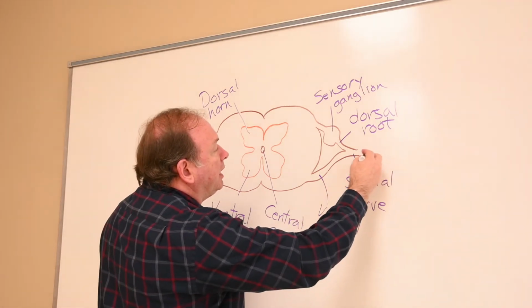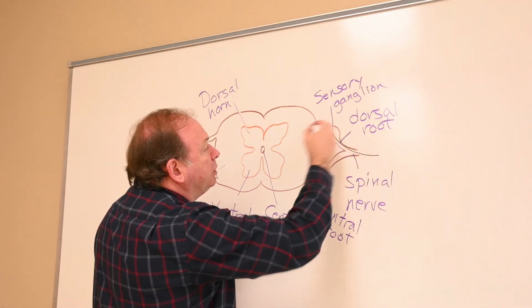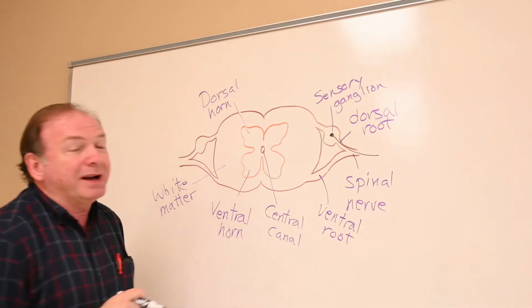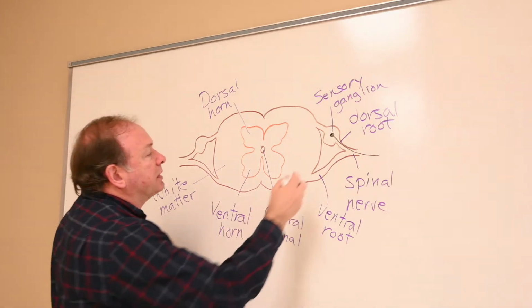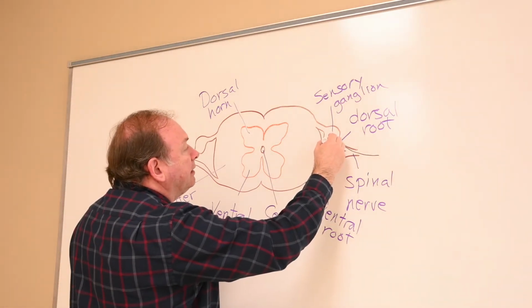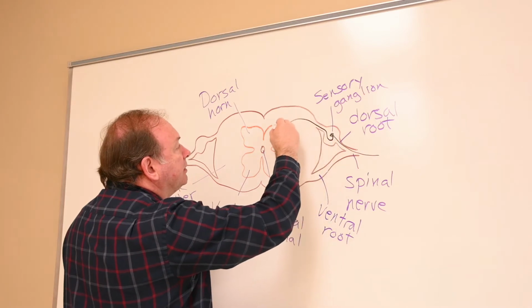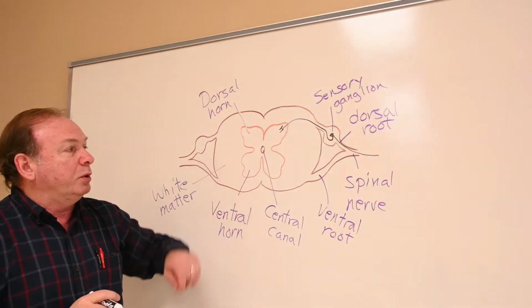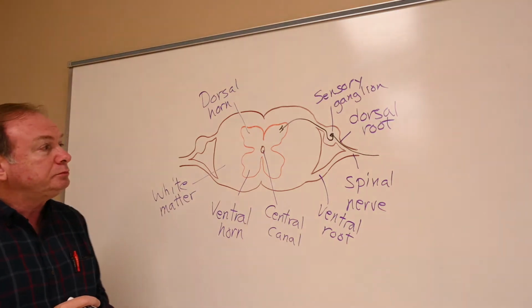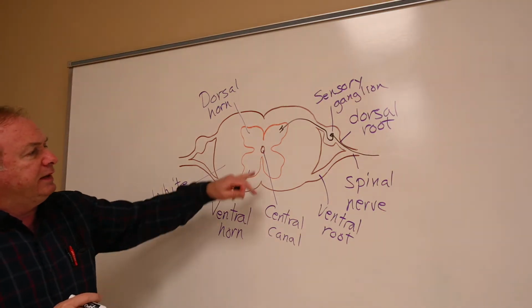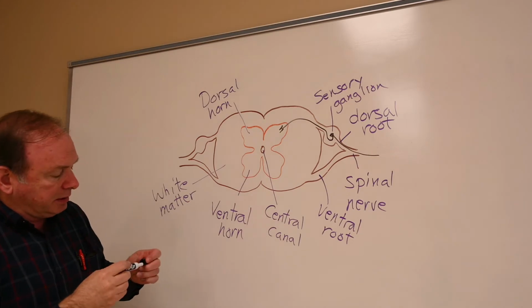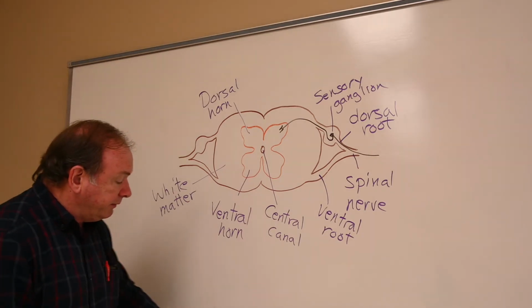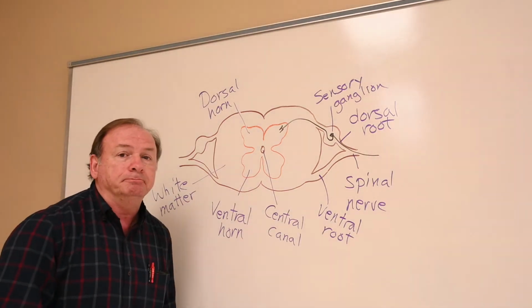So coming in right here, there's going to be a nerve fiber to a cell, right there, a ganglion cell. It's a kind of nerve cell, and that ganglion cell is going to relay that signal into the spinal cord, gray matter, in the dorsal horn region. So we're going to look at the relay signal of a simple reflex arc next.